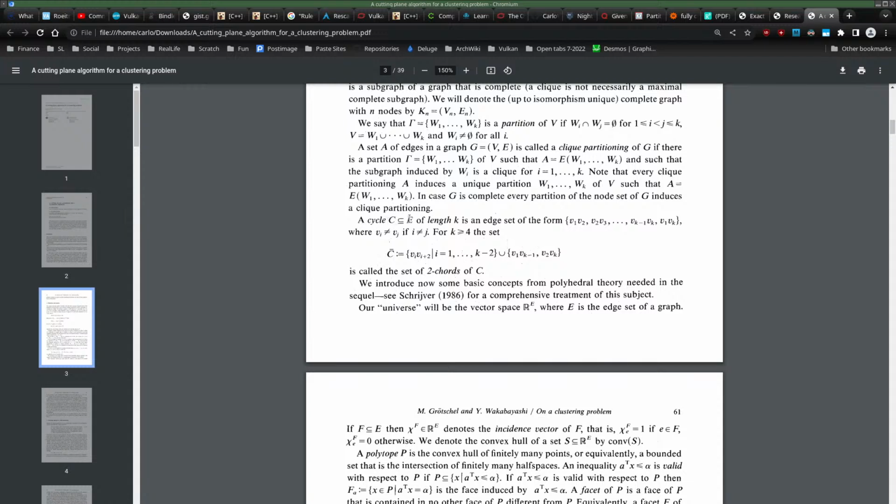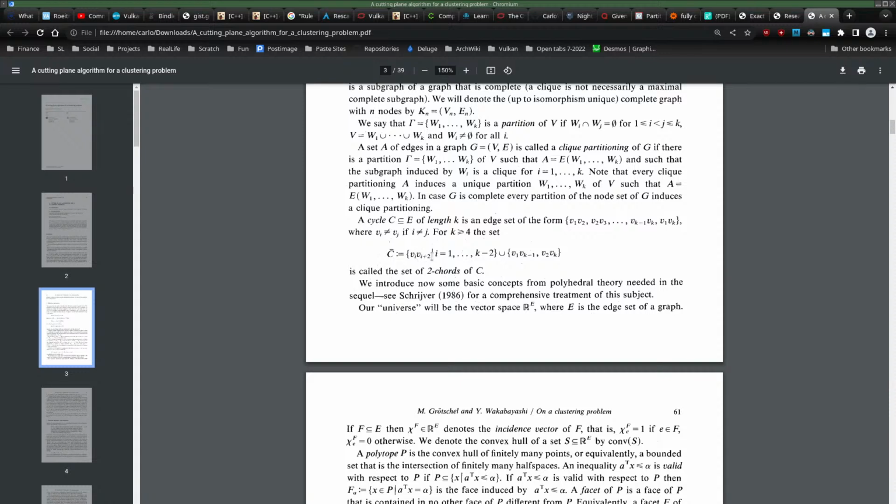So what a cycle is also kind of obvious, I think. And obviously for every different i and j, the vertex must be different. Seems trivial. And then for k equal or larger than 4, the set C with a bar above it is defined as the set of edges v_i, v_{i+2}.